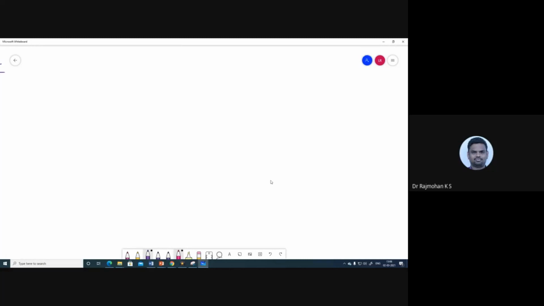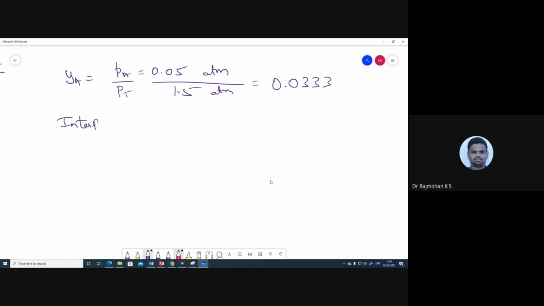So what are the data given here? Here Ya can be determined, because the partial pressure is given as 0.05 atmosphere and P total is given as 1.5 atmosphere. So the mole fraction is equal to 0.0333. Similarly, at the interface the partial pressure is related to Henry's law constant, 609 into Xai.